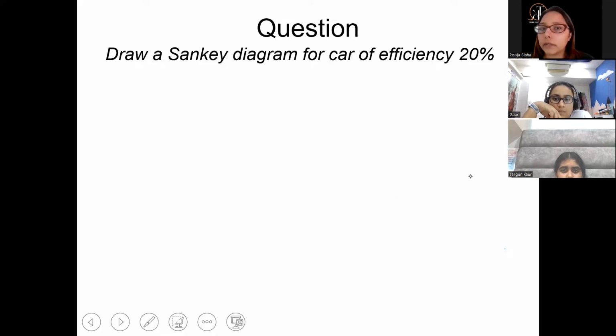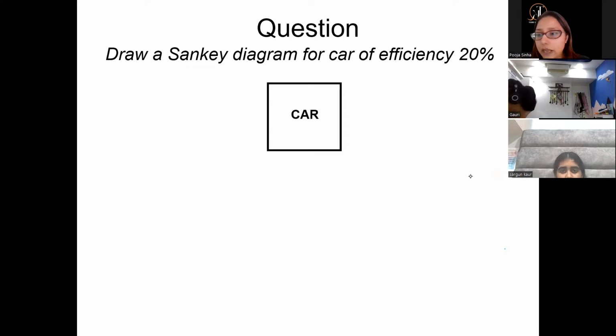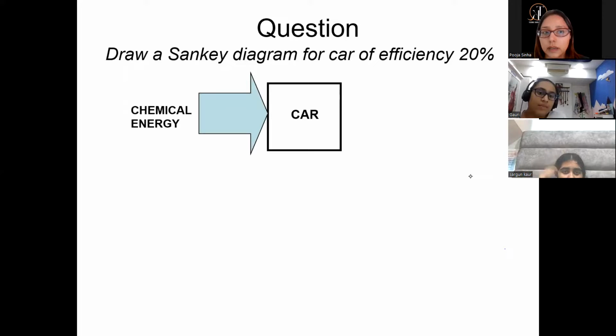Draw a Sankey diagram for a car of efficiency 20%. Draw it in your notebook and show me. I'll just show you a sample here. Car. ध्यान से देख लो एक बारी, एक क्वेश्चन कर लेते हैं. Car.